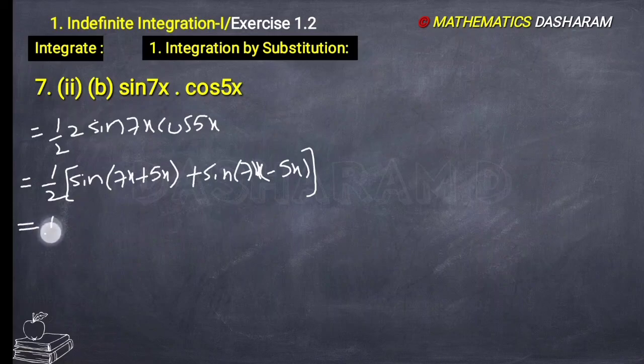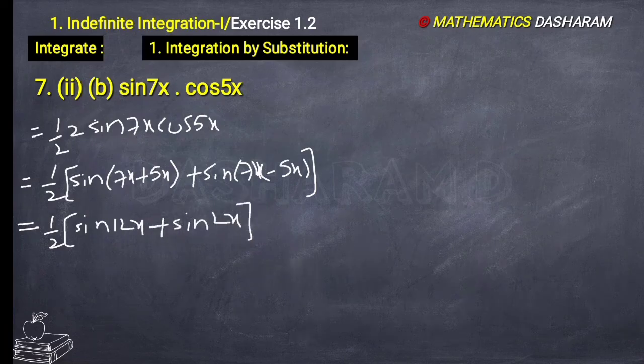So it is equal to 1/2 into [sin(7+5)x = sin 12x plus sin(7−5)x = sin 2x].